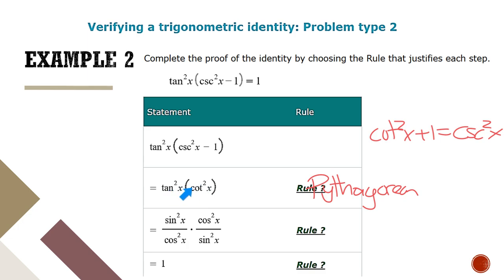Now, how do I get from here to here? Well, remember tangent and cotangent, we could write them as their quotients. So the quotient identities, remember that the tan of anything is equal to sine of that anything over the cosine of that anything. So you're just replacing that, but since it's a squared value for both, we have to put sine squared over cosine squared and cosine squared over sine squared.